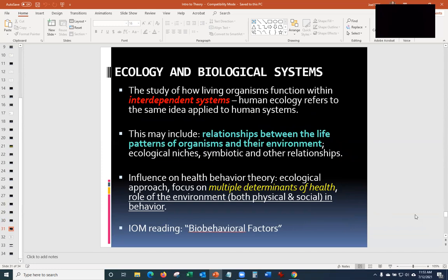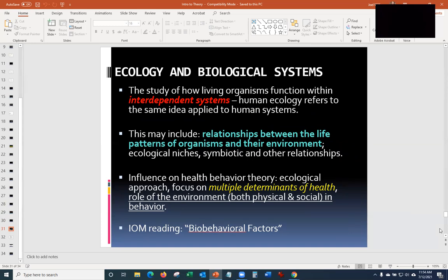And then, of course, the really big picture, ecological systems in particular. We're going to talk about that in more detail when we get to the social ecological model, which again is not a model or theory as we talk about it in this course. It's a framework, but this idea that there are multiple systems at play that influence us and that also interrelate with one another.